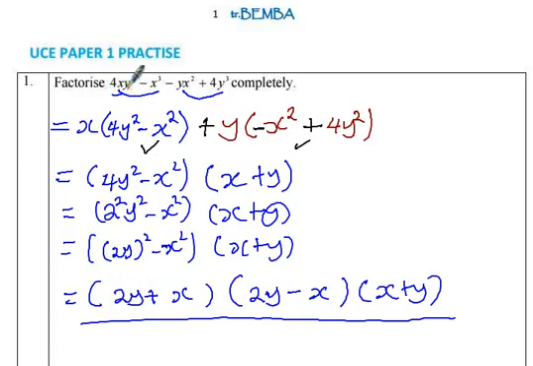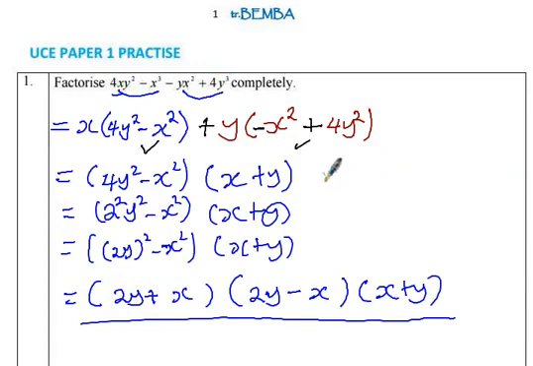I notice that the highest power on the unknown is 3. You see, I have x to the power 3, y to the power 3, then x squared, then y squared. When I observe this, I can decide to put the same unknowns together. So I rearrange this statement a little bit.